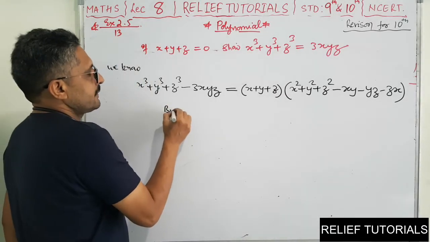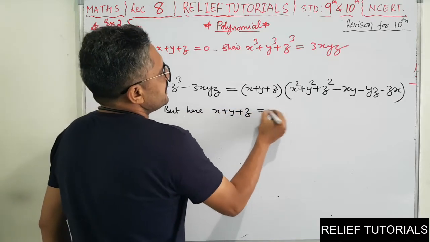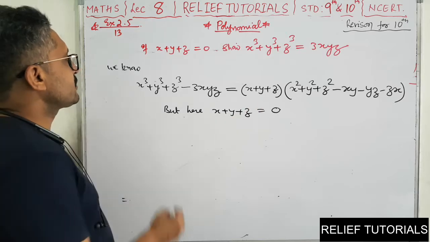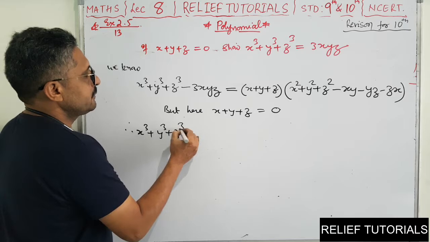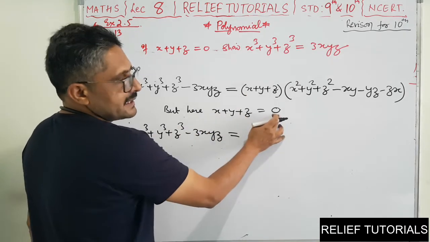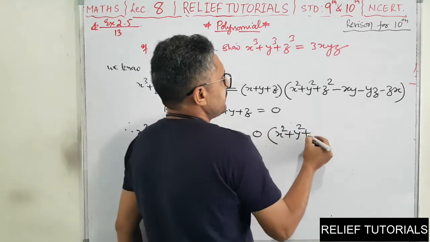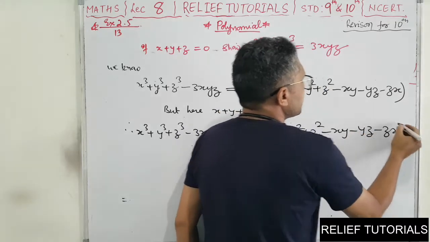But here x plus y plus z is equal to 0. So therefore you can say x cube plus y cube plus z cube minus 3xyz is equal to, here x plus y plus z is 0, so 0 into x square plus y square plus z square minus xy minus yz minus zx.